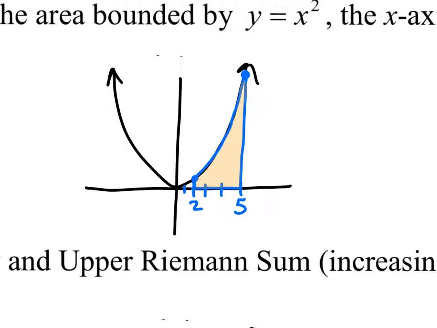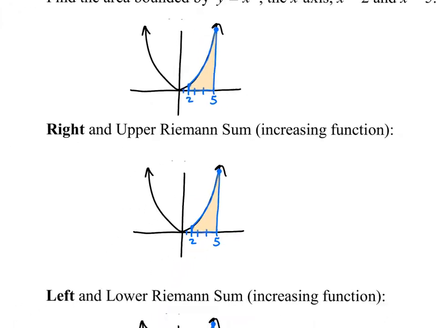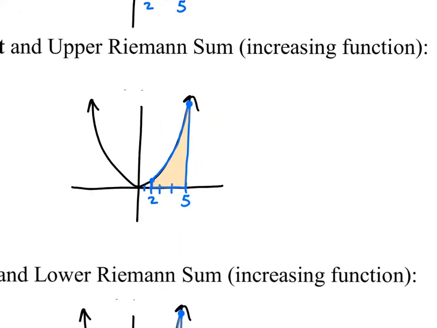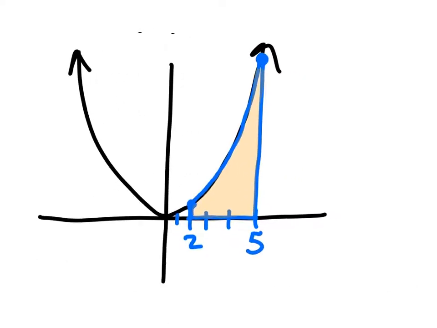Is approximate. Now, we have what are known as Riemann sums, okay? And I want to introduce this idea, first of all, with what's called the right or upper Riemann sum. Now, it's called upper when we have a function that's increasing, okay? And let me show you what I mean by this.